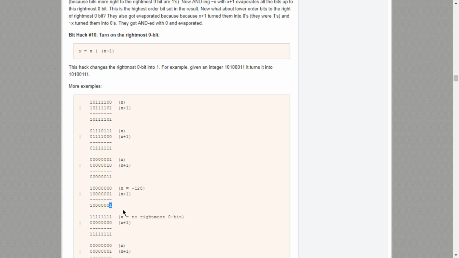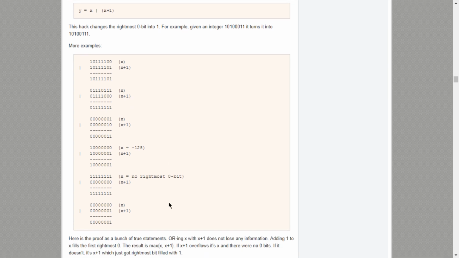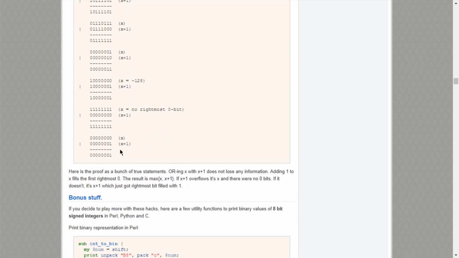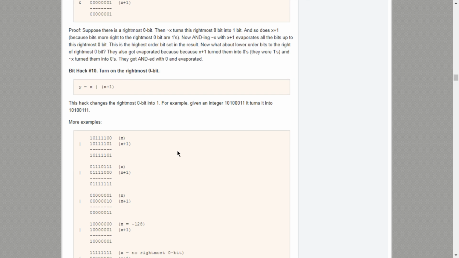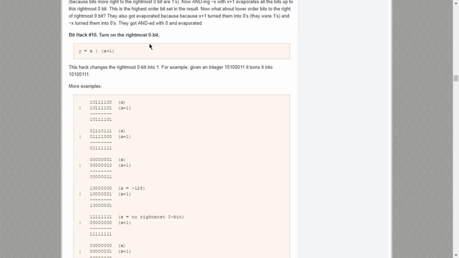Now it's a 1. Not too surprising. That one's a lot like the first one over here. If we have all zeros, we're going to get a single 1 appearing over here. If it's all 1s, it's going to continue to be all 1s because there's no rightmost 0 bit. So that's basically the idea there. Okay, so if we want to turn on the rightmost 0 bit, we're going to do x or x plus 1. And of course, there are other ways we could look at that.